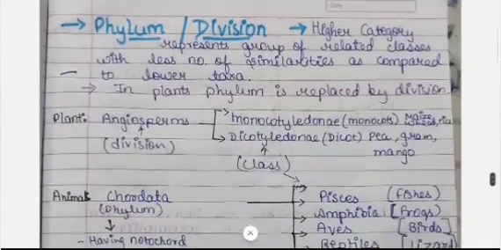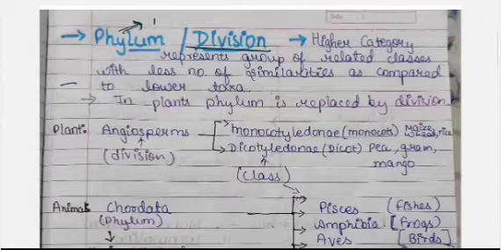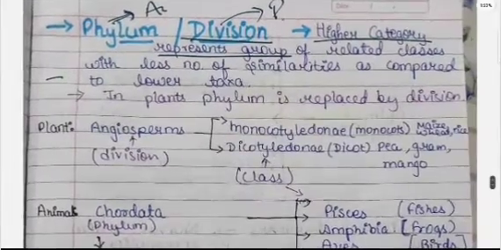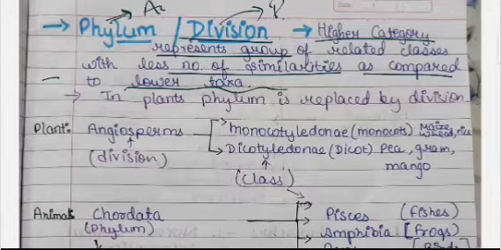Now the phylum or division. Phylum is used for animals and division is used for plants at the same hierarchical level. It is a higher category which represents related classes with fewer similarities as compared to lower taxa.